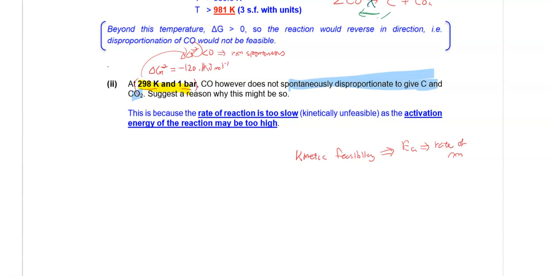unobservable. Okay, so a classic example that I can think of will be the conversion of, so if this is energy, your diamond and your graphite. Technically, graphite is more stable as compared to your diamond. So logically, based on thermodynamic considerations, we should see diamond converting to graphite.